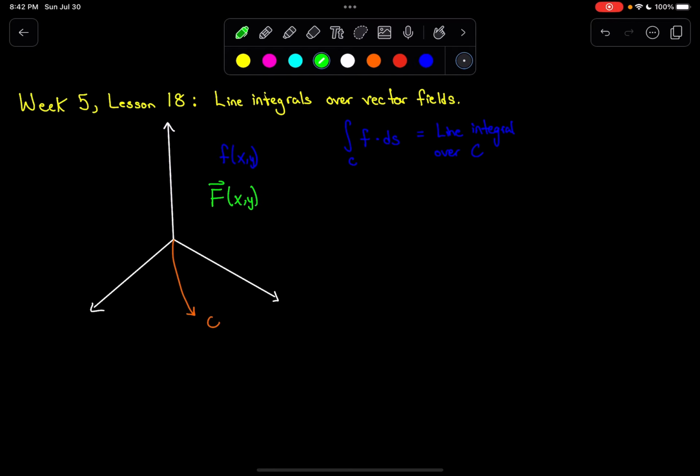And remember that this vector field could represent wind, it could represent energy, it could represent force, it could represent a whole bunch of stuff.